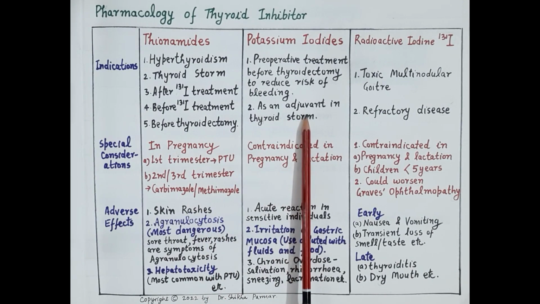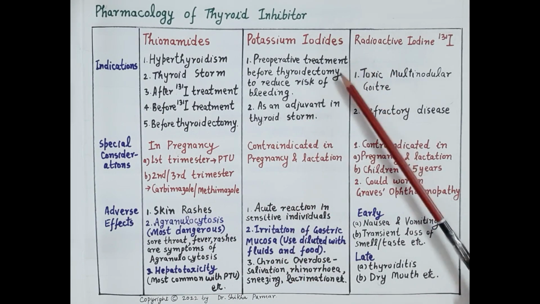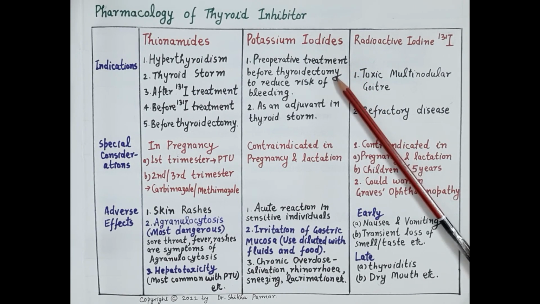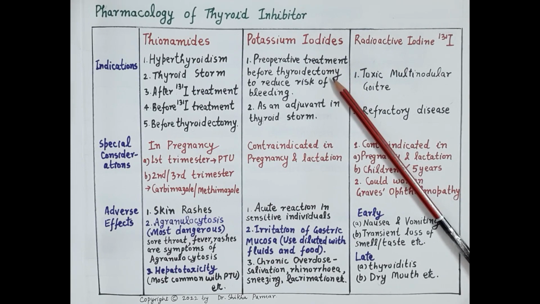Then indications of potassium iodide. Now these drugs reduce vascularity of thyroid gland and therefore they reduce blood flow to the thyroid gland, and thus these drugs are used preoperatively. They are used as preoperative treatment before thyroidectomy to reduce the risk of bleeding.